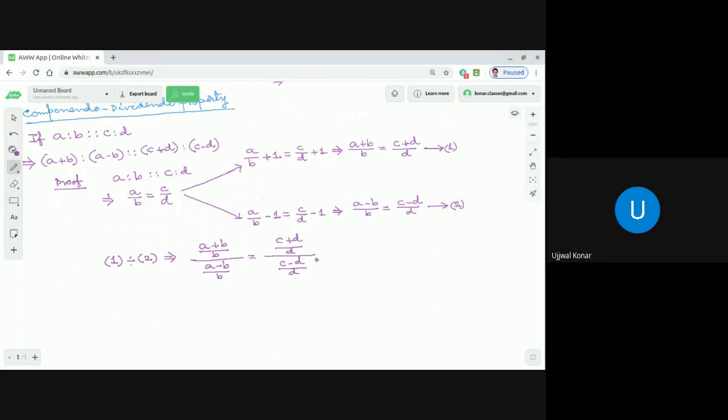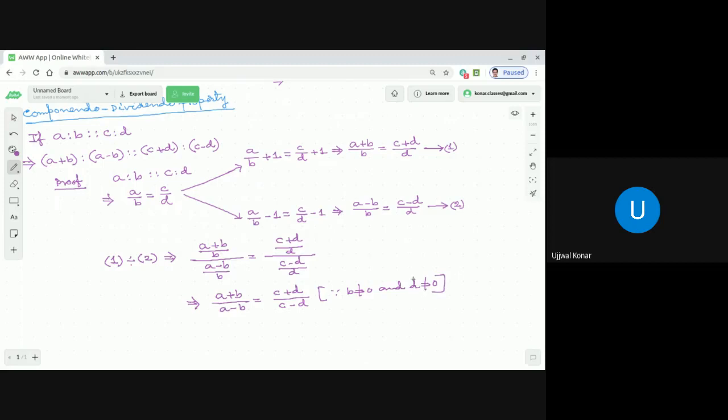So from here what we can conclude? From here we conclude that a plus b divided by a minus b is equal to c plus d divided by c minus d. Since b is not equal to 0 and d is not equal to 0, only then are we able to divide it.